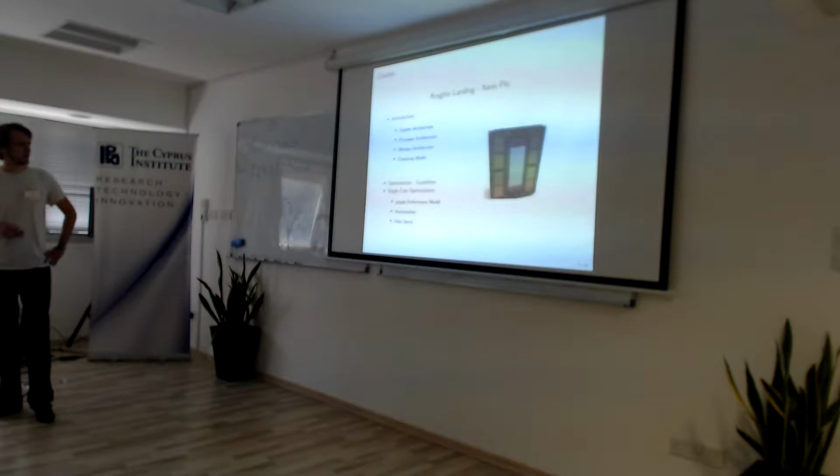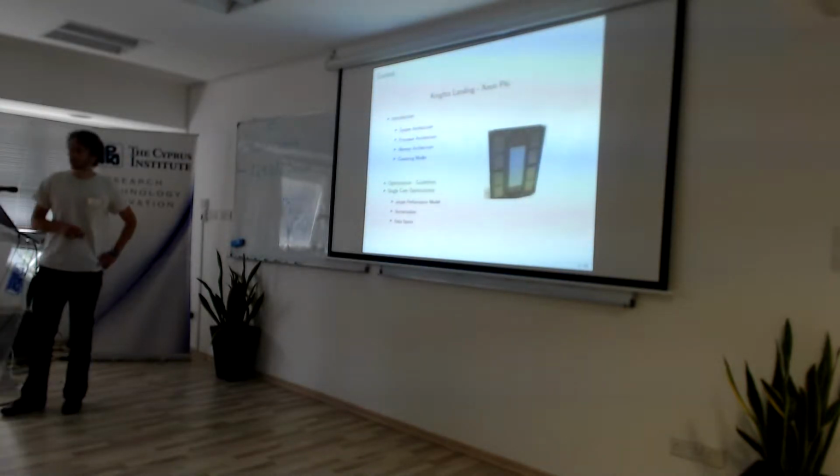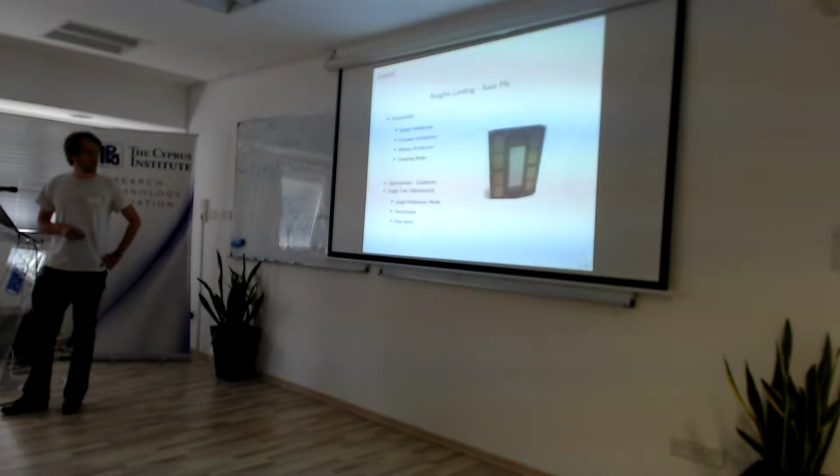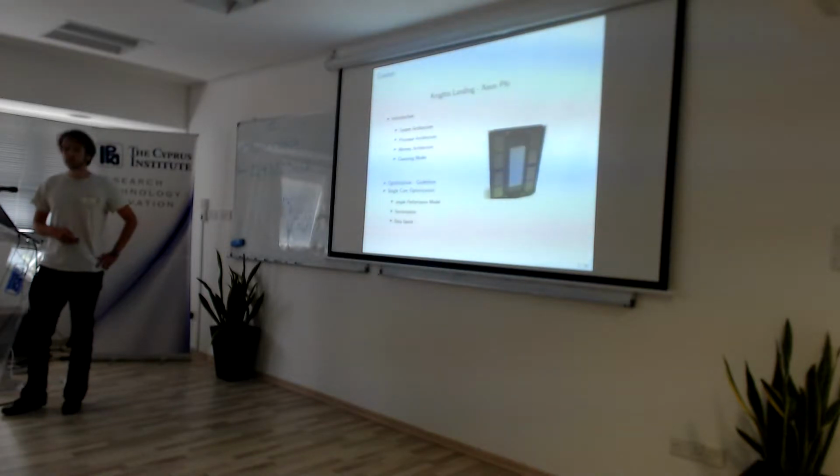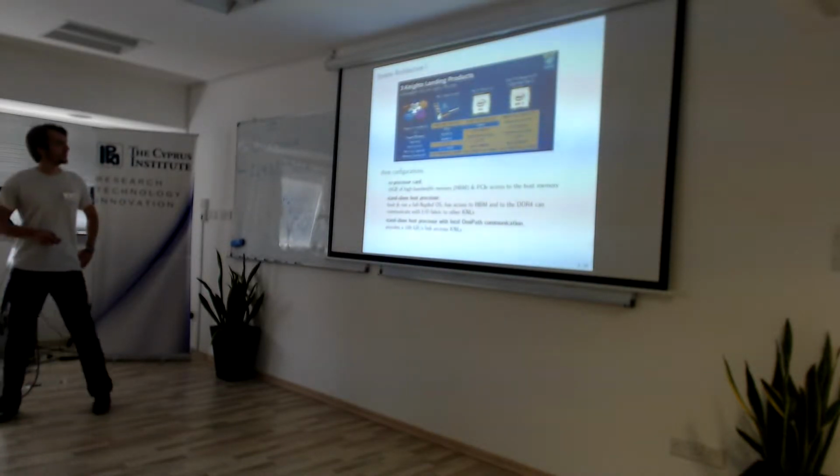And then the second part will be about optimization, so in principle Xeon Phi optimization. I will talk about vectorization and maybe about changing the data layout to increase the performance of your codes. Okay, good. So just the first slide.